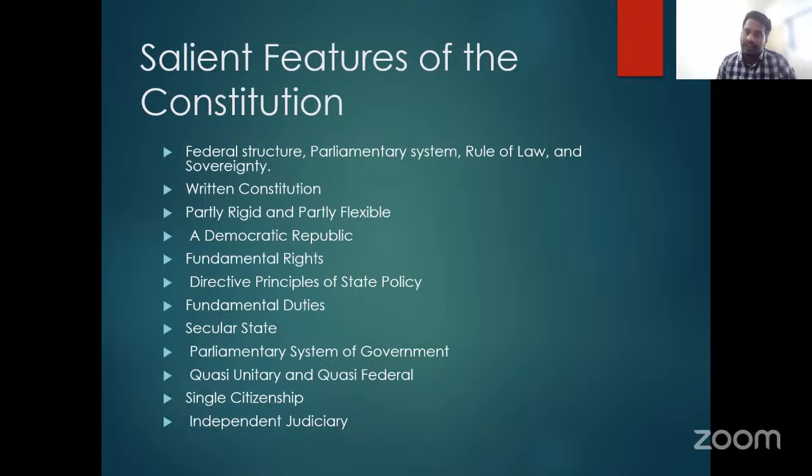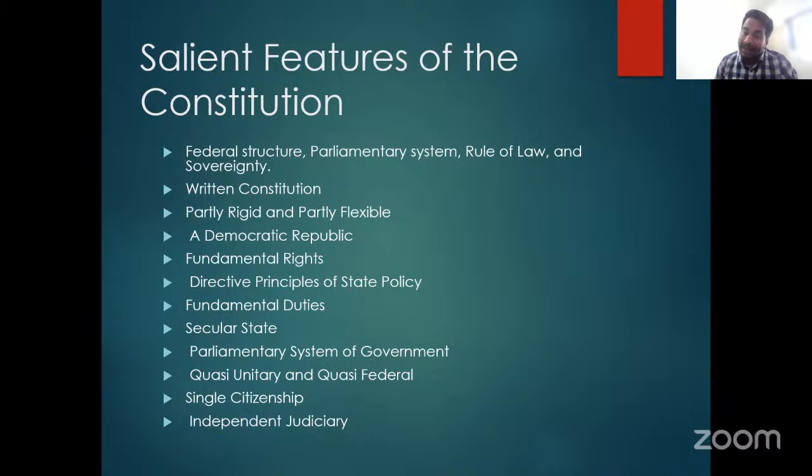We all know that in the parliamentary form of government, the executive is responsible to the legislature and remains in power as long as it enjoys the confidence of the legislature.